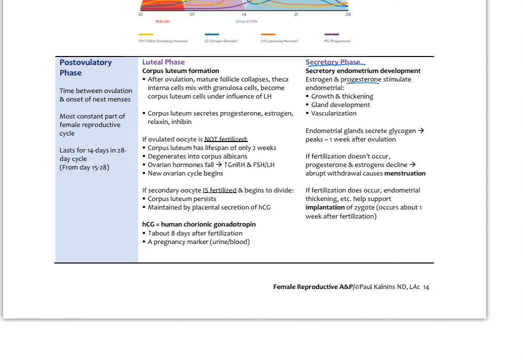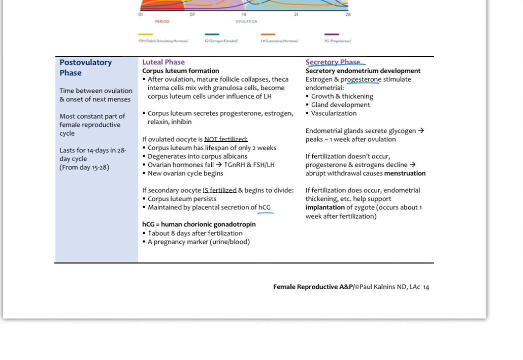If the secondary oocyte is fertilized and begins to divide, the corpus luteum will persist, and it is actually maintained by, once the blastocyst implants, it'll start to form a placenta around it, and that will secrete lots of HCG, and that will actually help maintain the corpus luteum for 6 to 8 weeks really into the pregnancy, and then after that the placenta will start to secrete the primary amount of progesterone that's needed.